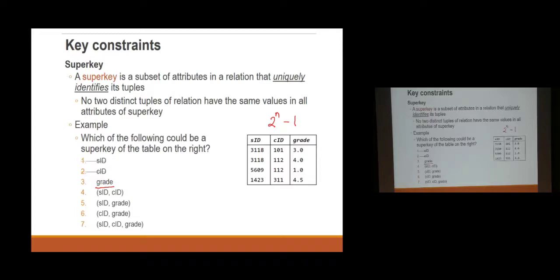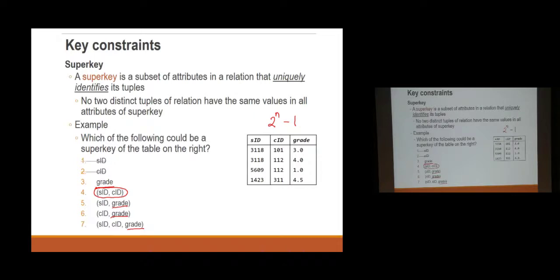So again, I can immediately say that this is a possible super key, and our search space is reduced greatly. So all we have to do now is check whether this one is a possible super key. And in fact, it is, because that pair is unique.